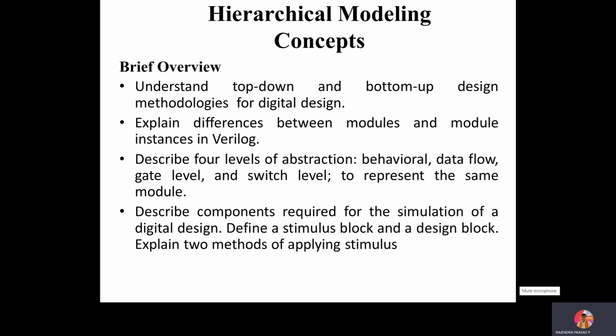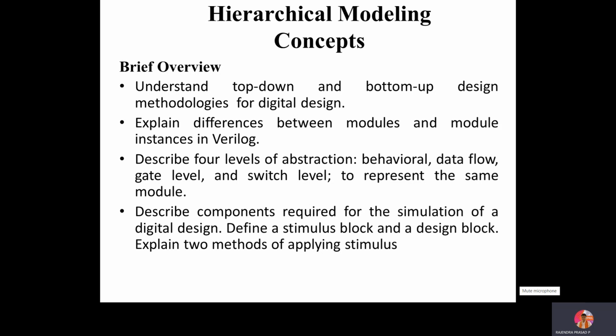So we have four levels of abstraction. What is the behavioral type? What is the data flow type? What is the gate level type? And the last one is the switch level type, to represent the same module. One simple program which you write for the hardware, you can represent in these four different ways.